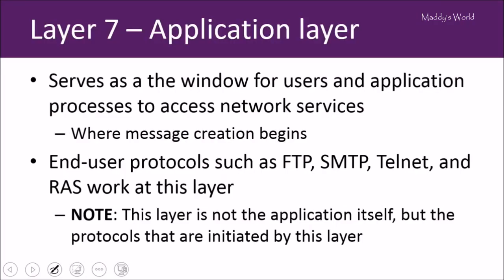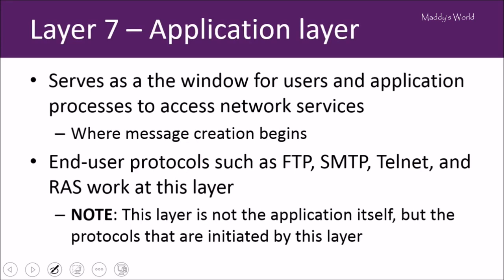All right, layer 7 is the application layer. This serves as a window for users and application processes to access network services, and this is really where message creation begins. It's really important to note that this layer is not the application itself or any application itself, but this layer represents the protocols that are used or initiated by this layer.